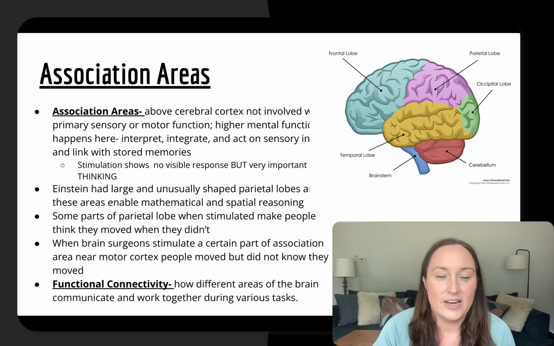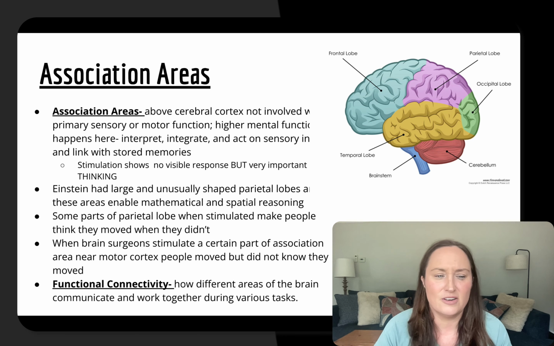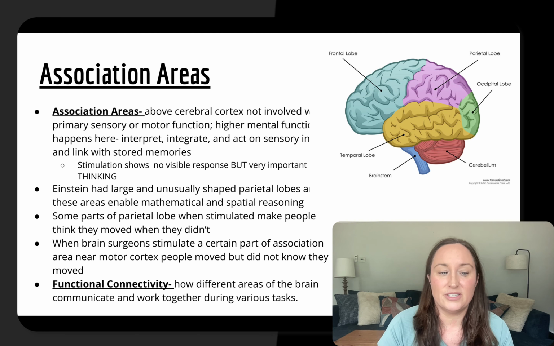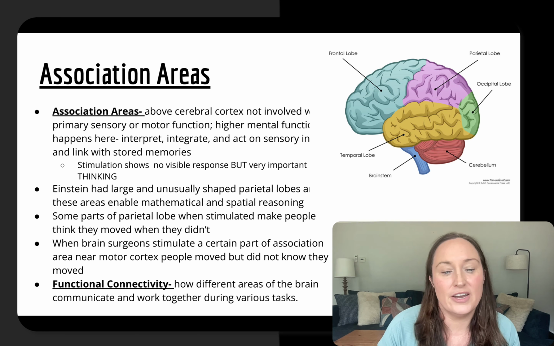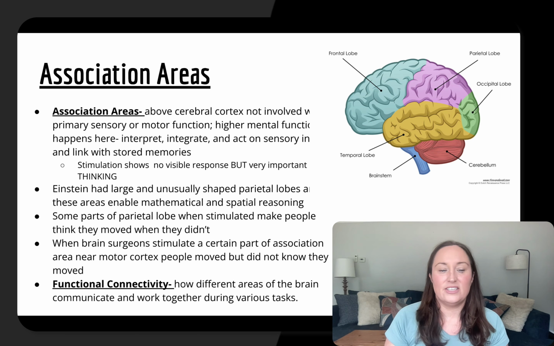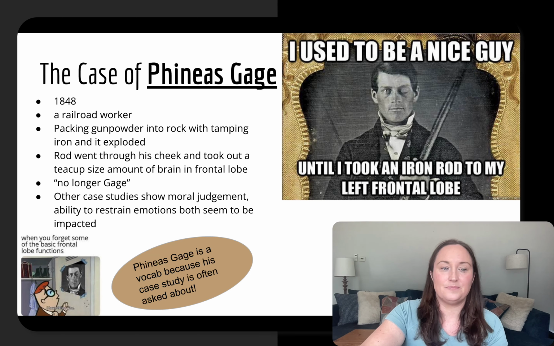Some parts of the parietal lobe, when stimulated, make people think that they moved when they didn't move. I already talked about that. Brain surgeons can stimulate a certain part of our association area near our motor cortex, and people move but didn't know they moved. I wrote the same thing twice. Okay, so what association areas do essentially is functional connectivity. They connect different parts of our brain so they communicate and work together on various tasks.